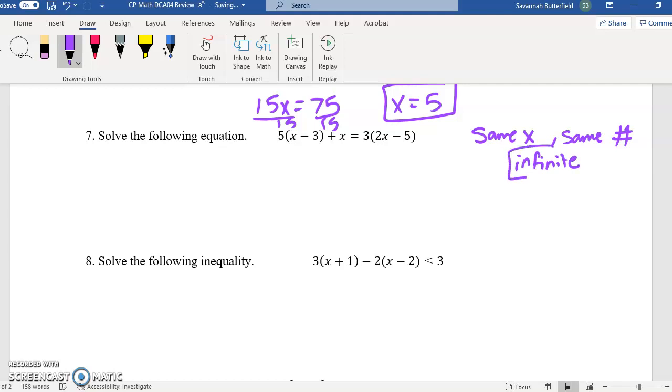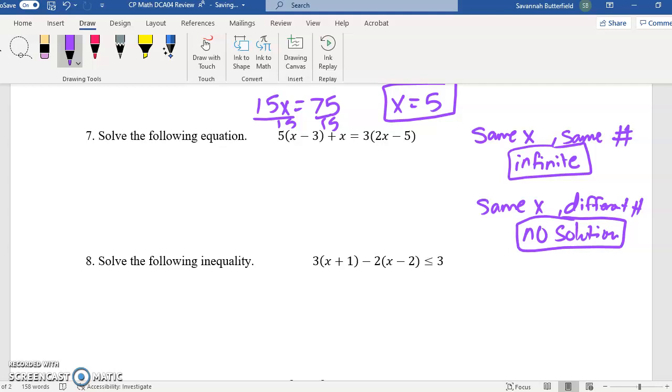If you get the same x but a different constant, like plus or minus something, that is no solutions. But again, the x's have to be the same. If you have a different number of x's, like a 3x and a 2x on either side, that is not either of these two, okay?